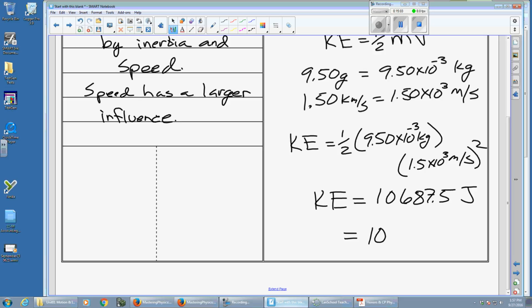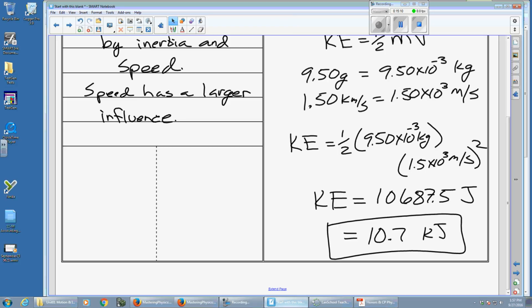That'd be 10.7 kilojoules. Let's see if I got it right.